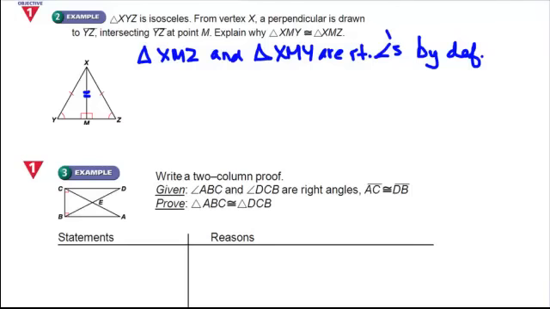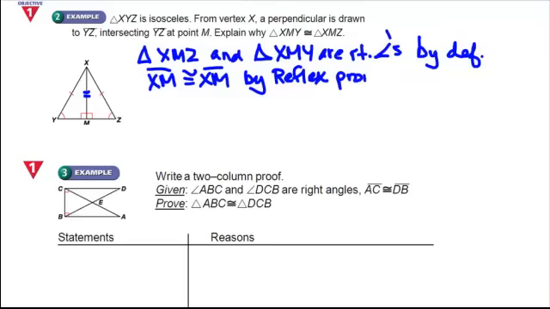I can also know that XM is congruent to XM by the reflexive property. By the way, XM is a leg of each of the right triangles.